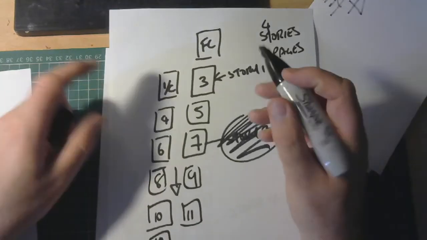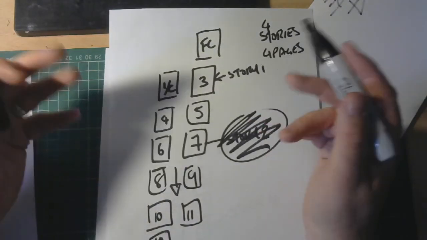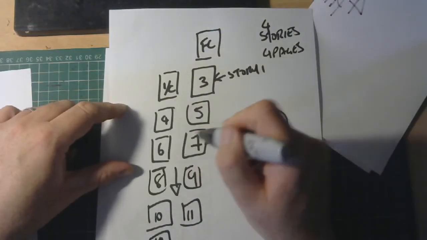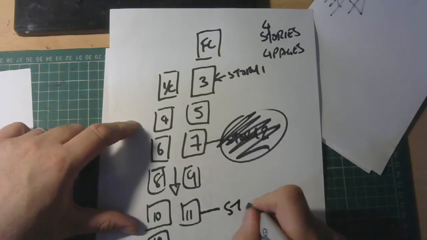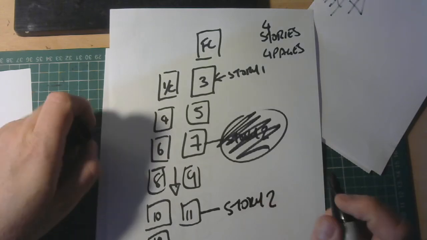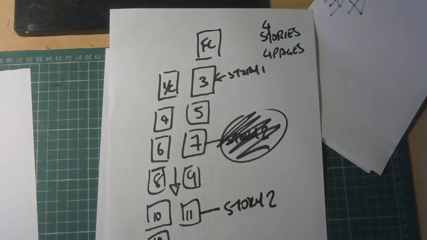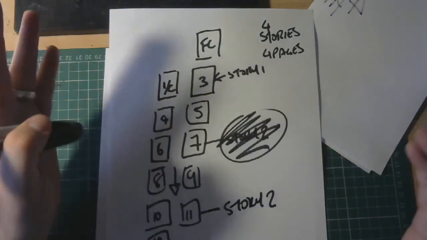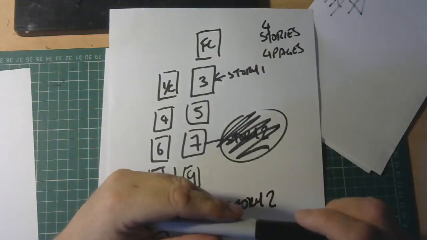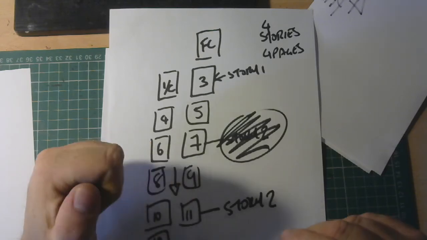So let's imagine our first story now is 8 pages. Therefore, 1, 2, 3, 4, 5, 6, 7, 8. That's where story 2 starts. So 4, 8, 12, 16 if you're crazy enough. These are good page counts for stories to be submitted to anthologies.